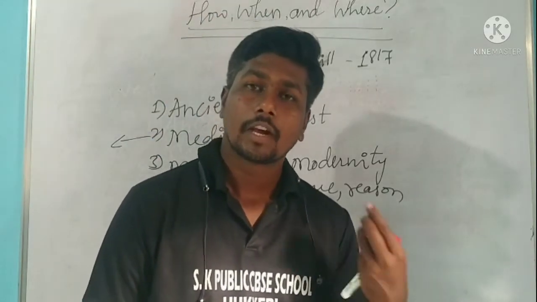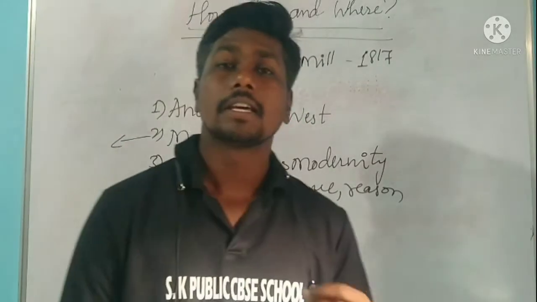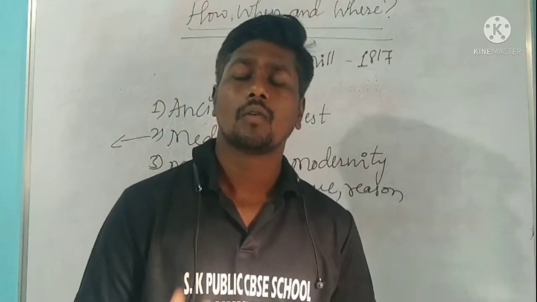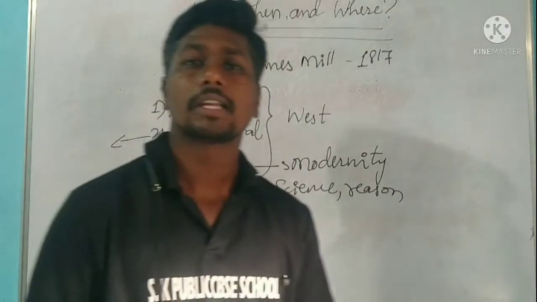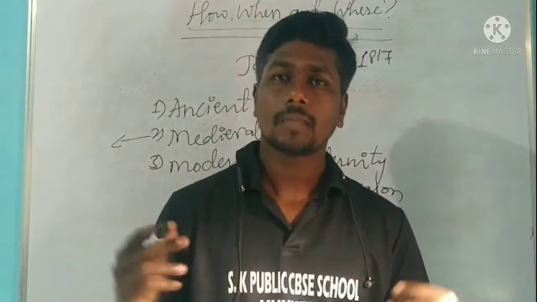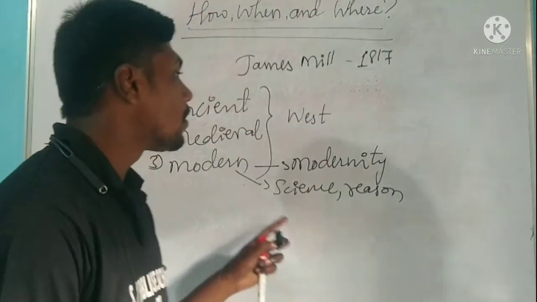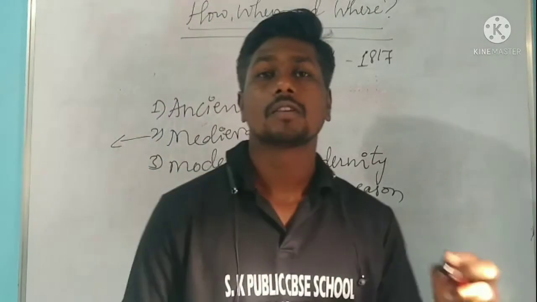And there was no economic growth in India, as well as no progress under the British rule. Then how can we call it the modern period? Obviously it is wrong.